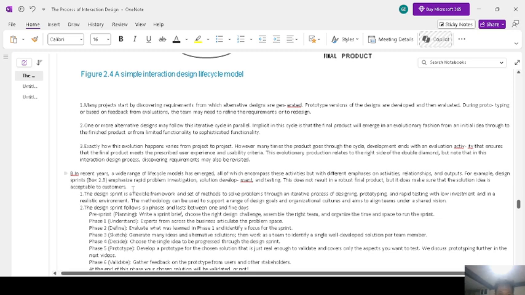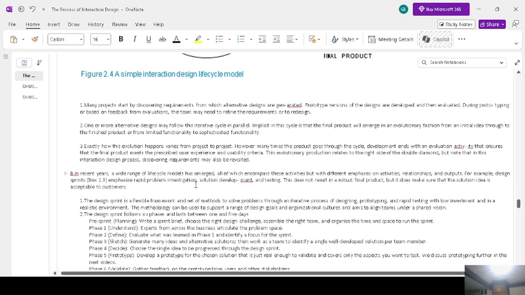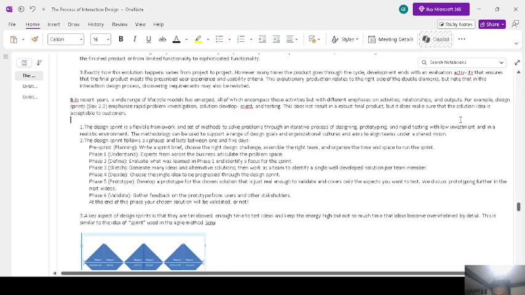In recent years, a wide range of life cycle models has emerged, all with activities, relationships, and outputs. For example, design sprints: investigation, solution development, and testing.